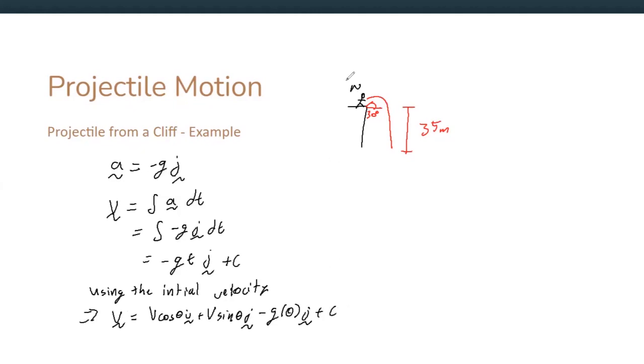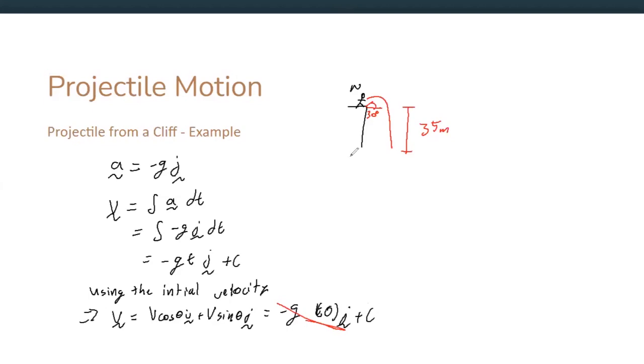Sorry, that is not quite correct. That should be equals minus g times 0 j plus c. So essentially, this g component just disappears. Also, that should not be a vector. And so c is just equal to your initial velocity, and that will always be the case.